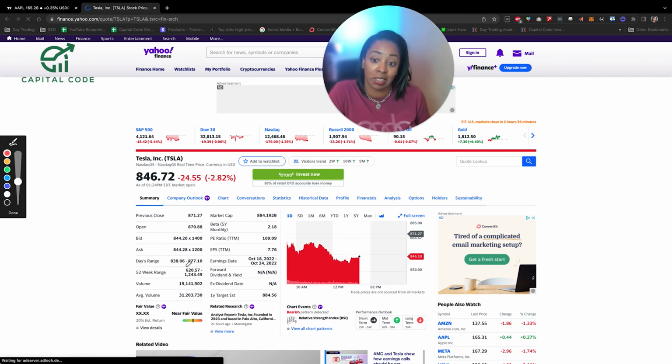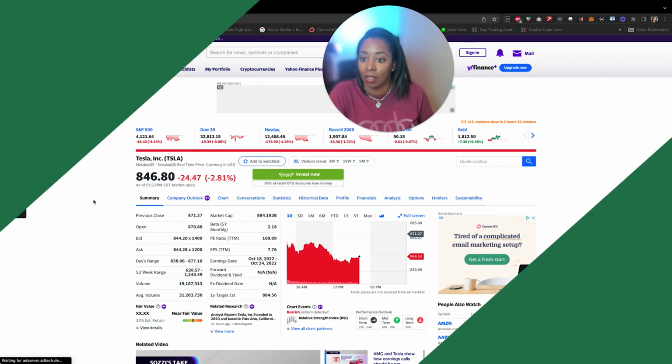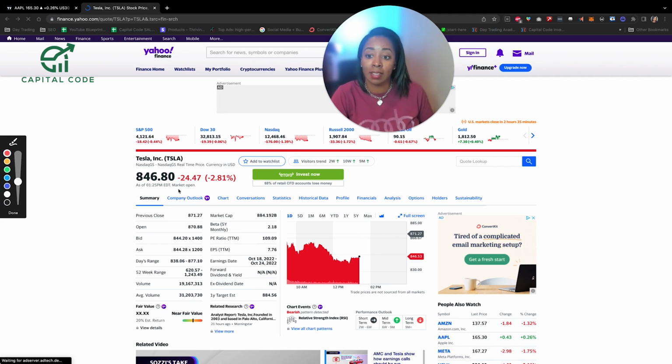If we look at Tesla's day range, it's been bouncing between $8.38 and $8.77. So that's roughly a $35 to $40 difference in just 1 day.